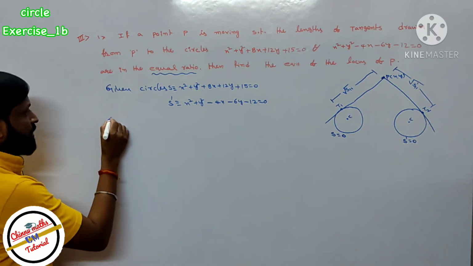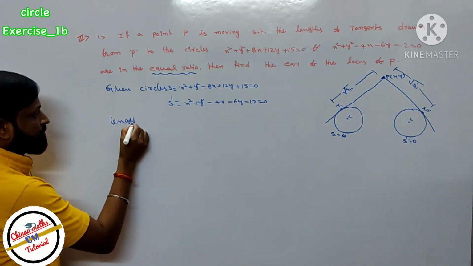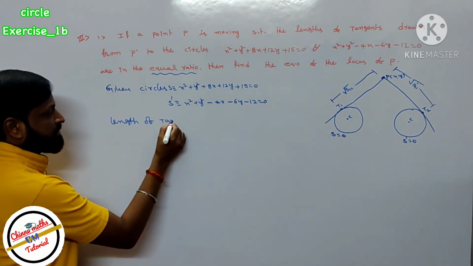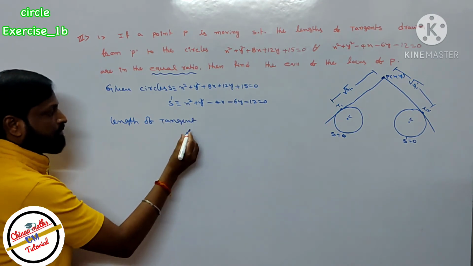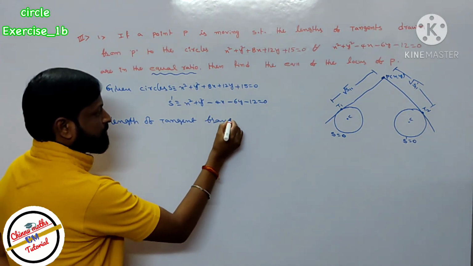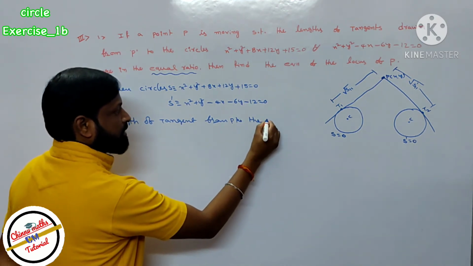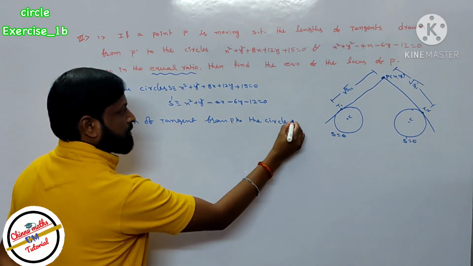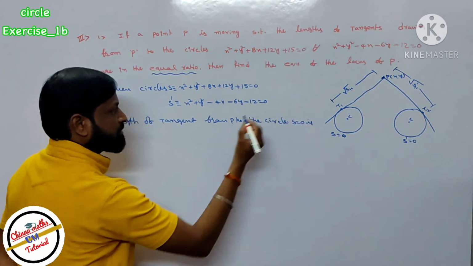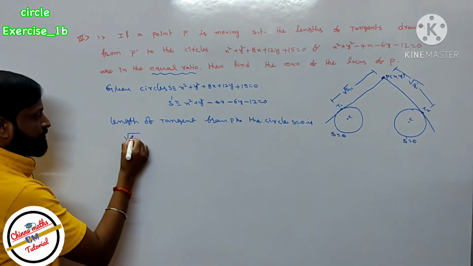Next, the length of the tangent from P to the circle S equal to 0 is root S11.